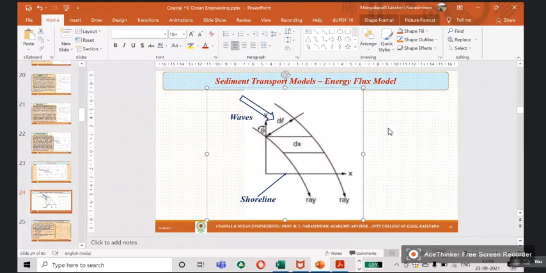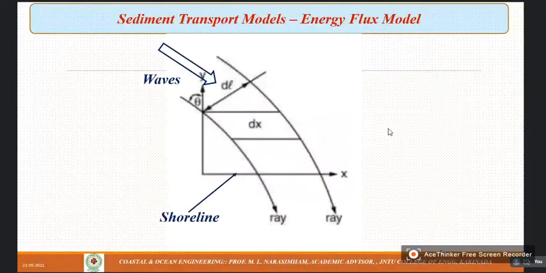You look at this figure first. So, you assume that this is our shoreline. This is land and this is sea.